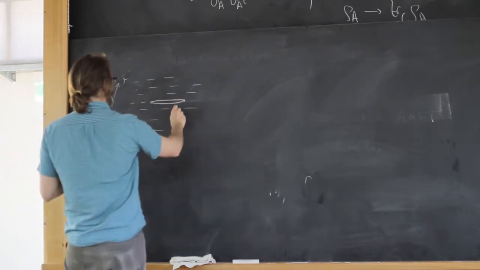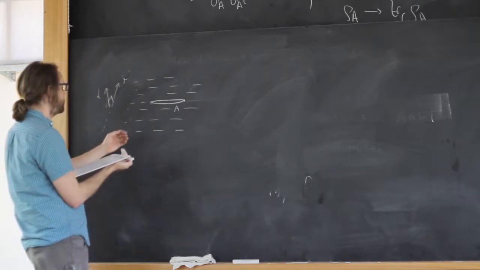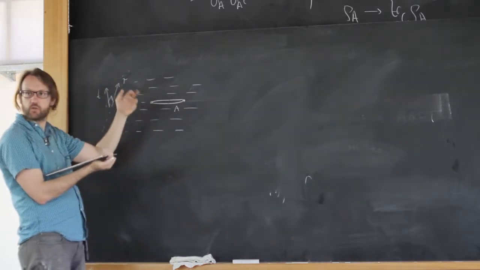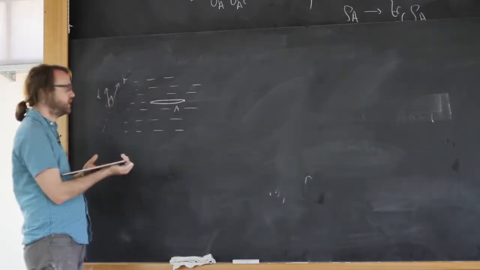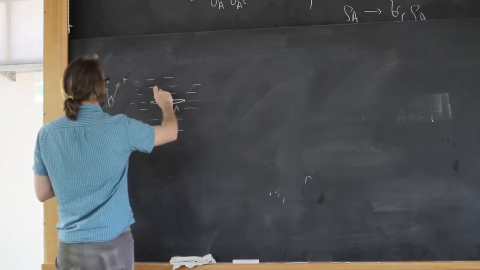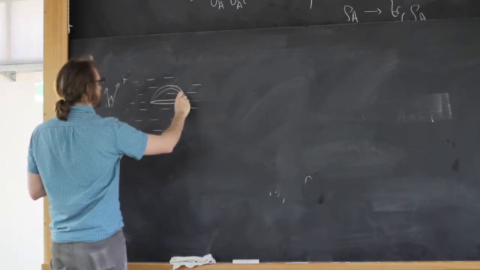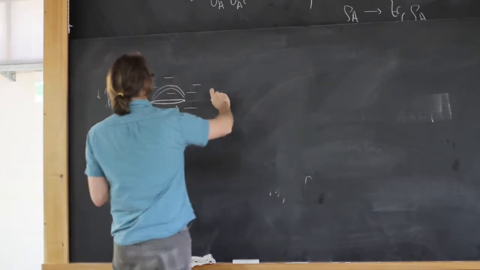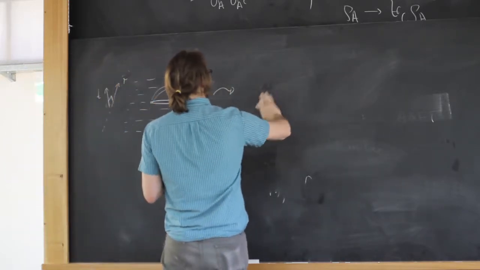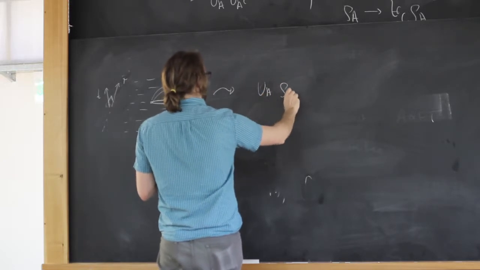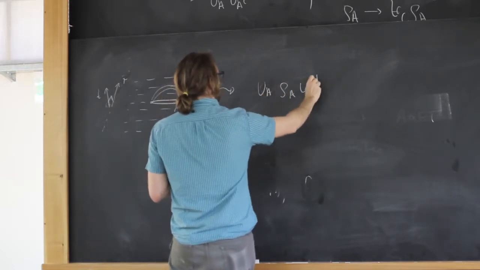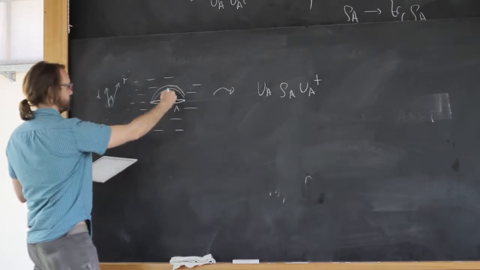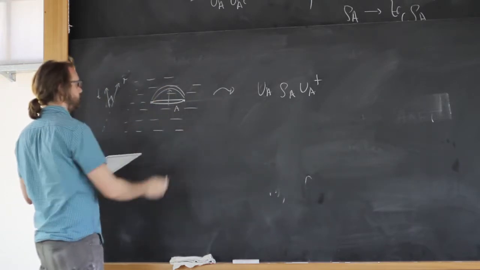But now what I can do is continue to do a time evolution in the real direction using, say, the path integral. And so I can move up this interval like this, on both sides. And this is schematically some unitary operator acting on rho_A, and the dagger of that unitary operator, where this is doing the time evolution up here.